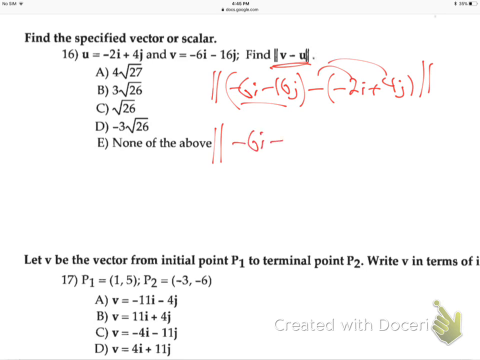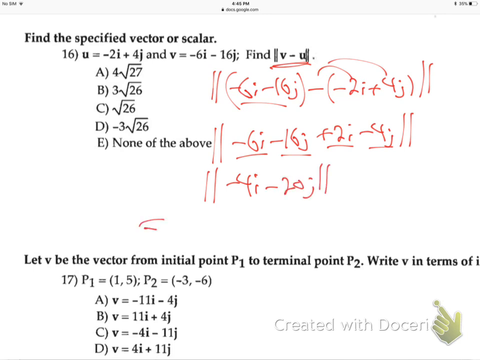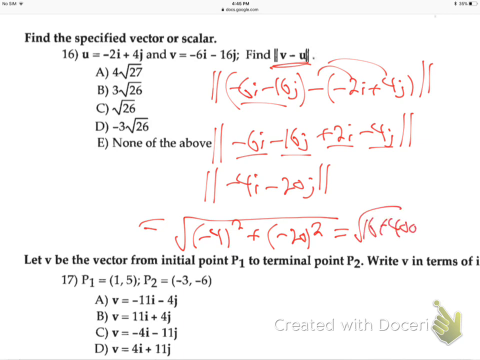So minus 6i minus 16j plus 2i minus 4j, which is minus 4i, minus 16 minus 4 is minus 20j. Magnitude is the square root of minus 4 squared plus minus 20 squared, and that's the square root of 16 plus 400, which is the square root of 416.